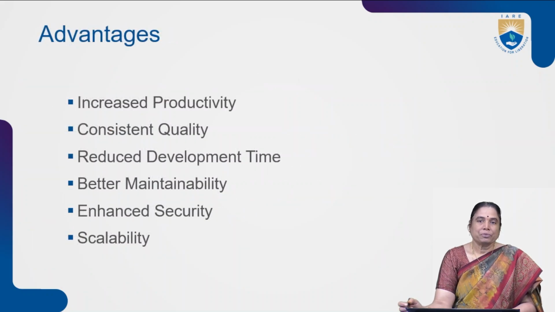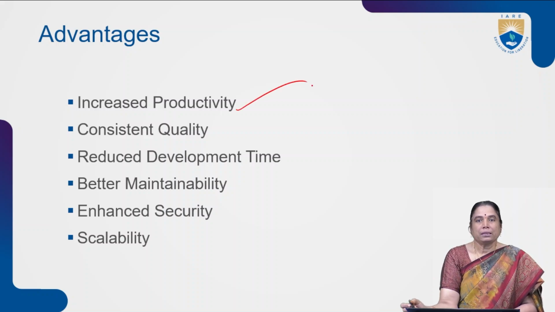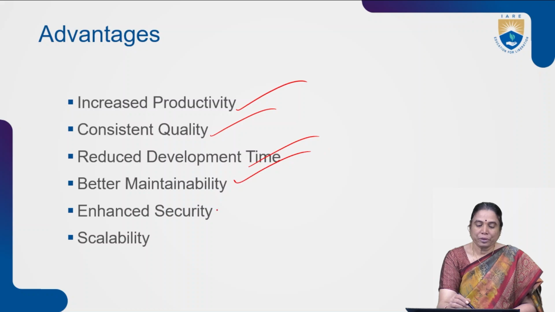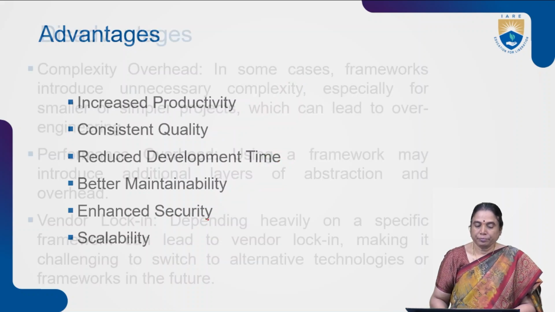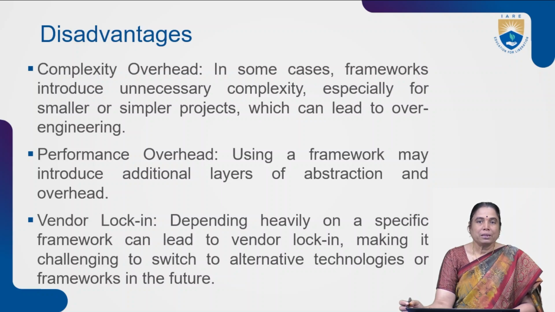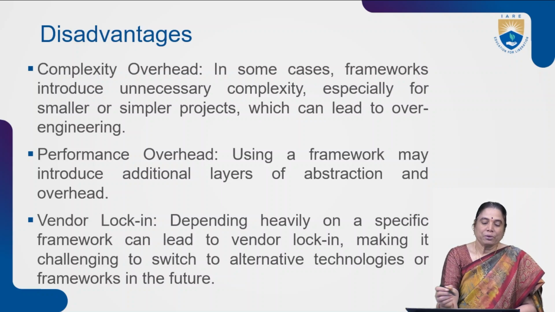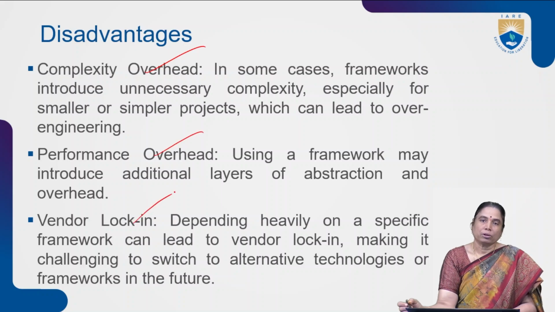The advantages of a software framework are increased productivity, consistent quality, reduced development time, better maintainability, enhanced security, and scalability. The disadvantages are complexity overhead, performance overhead, and vendor lock-in.